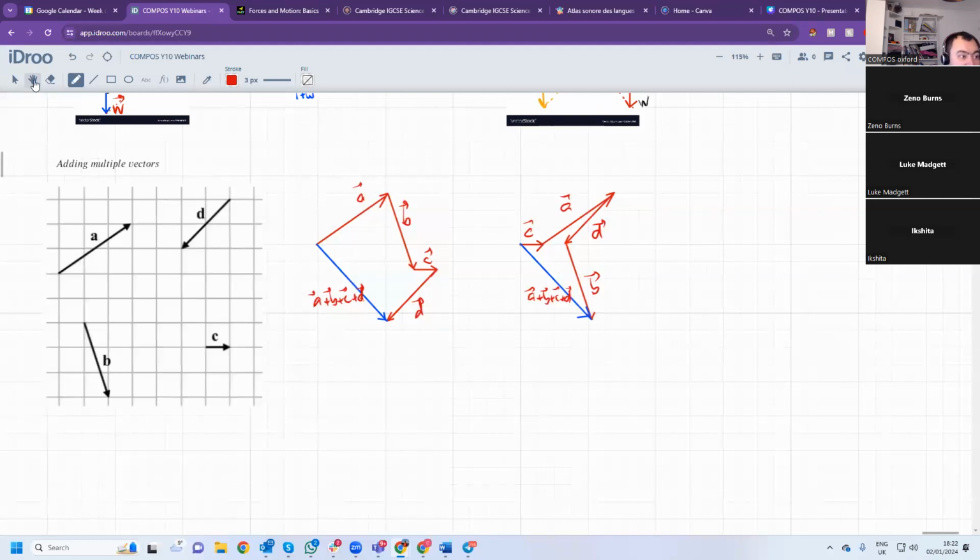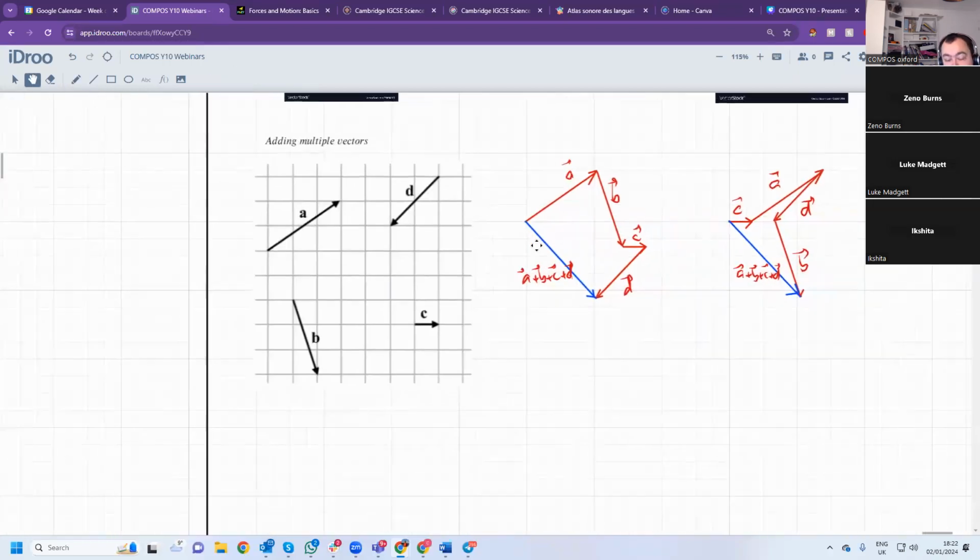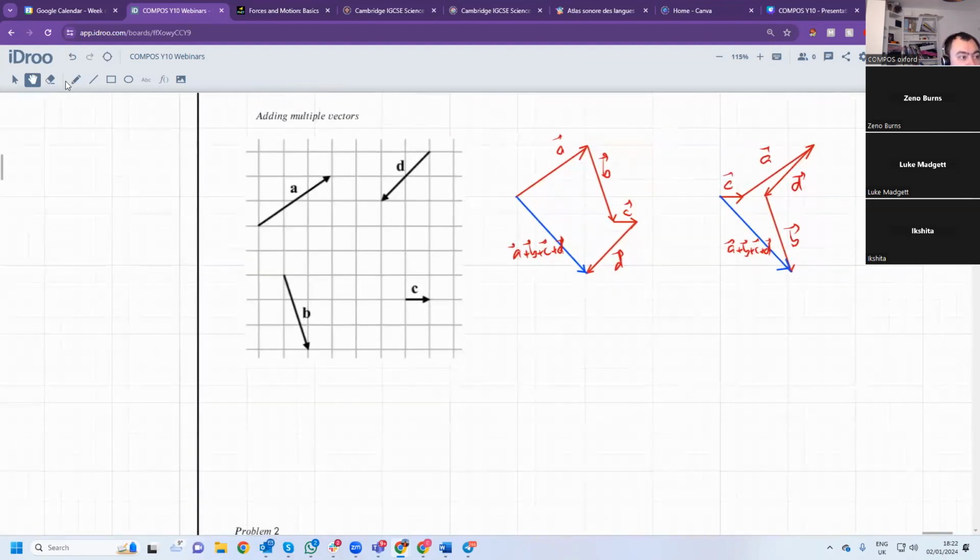If you use column vectors here, you can say that vector A is (3, 2). So it's 3 across, 2 up. Vector B is (1, -3). C is (1, 0), because it's 1 and 0. And this is (-2, -2).